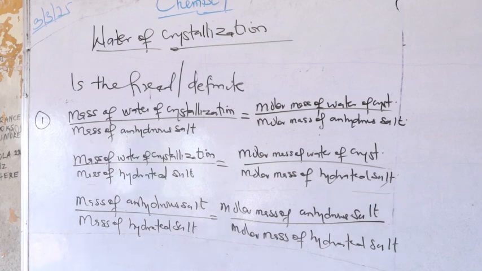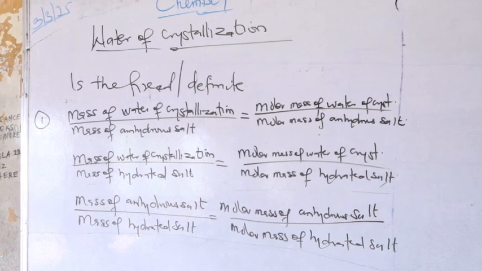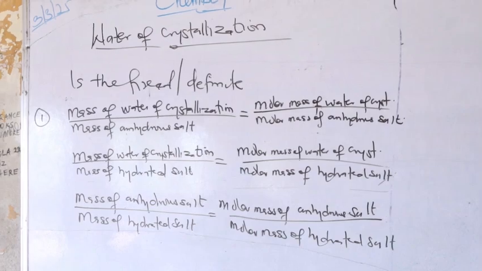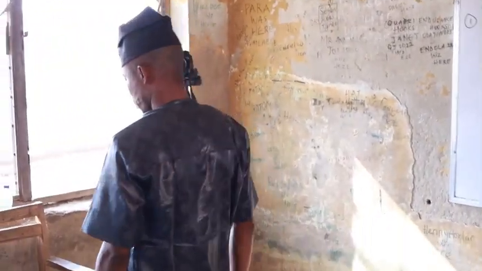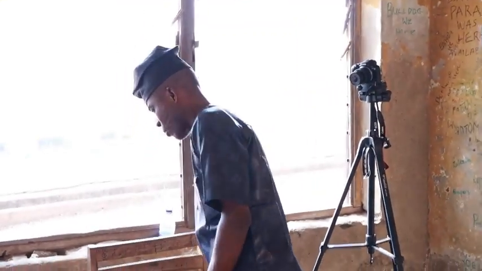Of course, you know the mass of hydrated salt is going to be more than the mass of anhydrous salt, because most times when the salt loses some or all its water of crystallization, there is going to be a decrease in mass. So we are going to look at the example. Let's look at the calculation there.